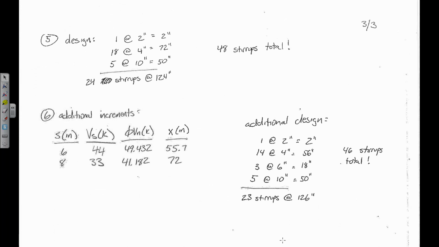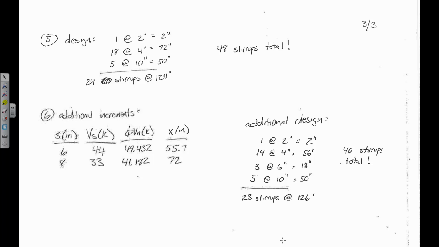Now, what you could do is try and improve this design. What about increments in between? I've got 4-inch spacing and 10-inch spacing. What about something in between, like 6-inch spacing or 8-inch spacing? Well, first off, using the 8-inch spacing makes no sense at all.